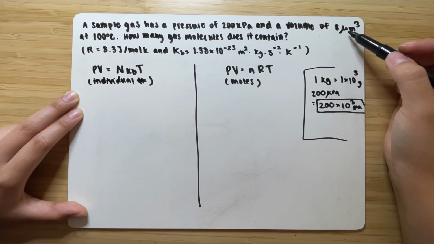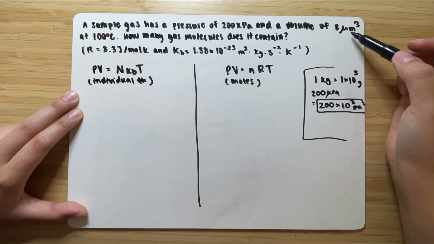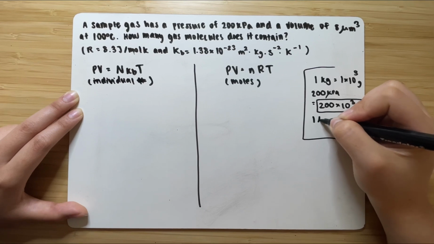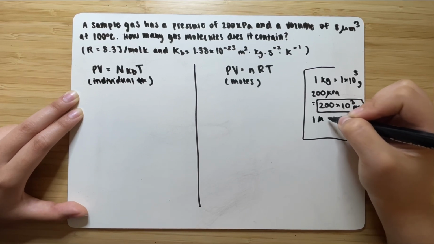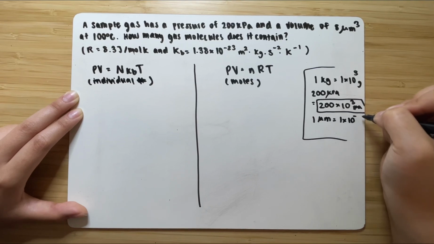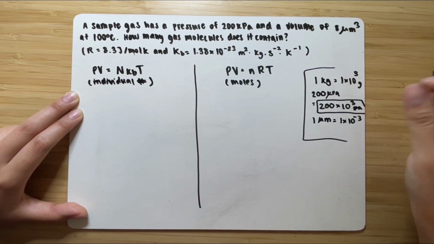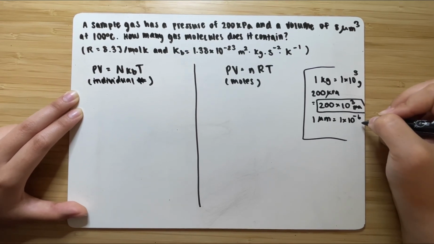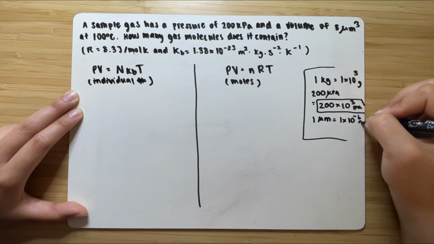Now we need to turn the volume into the standard SI unit. So we know that 1 micrometer is equal to 1 times 10 to the negative, no, micro means negative 6 meters.